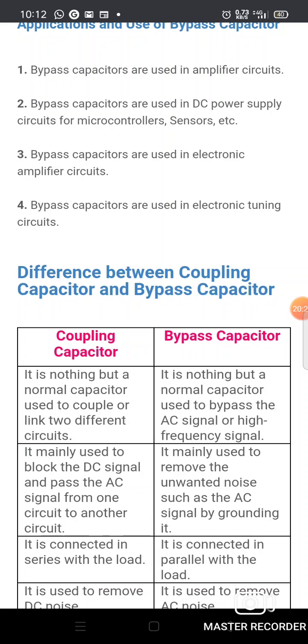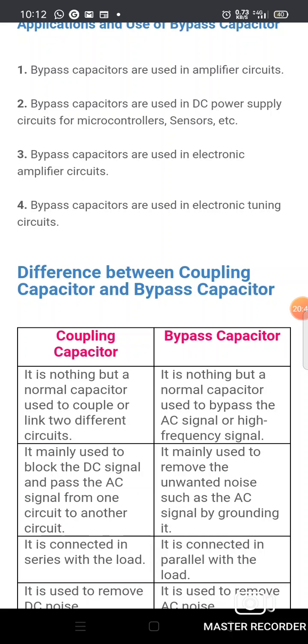Next, third point: the connection of the coupling capacitor and bypass capacitor. The coupling capacitor is connected in series with the load, and the bypass capacitor is connected in parallel with the load, in the amplifier circuit.